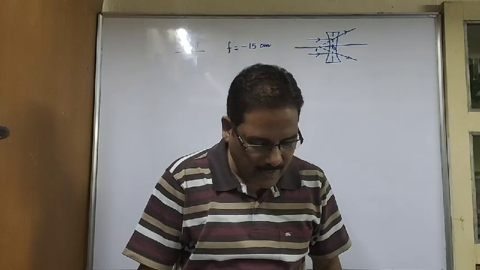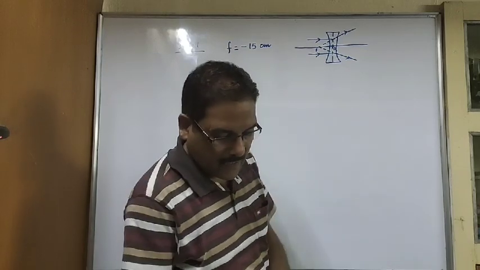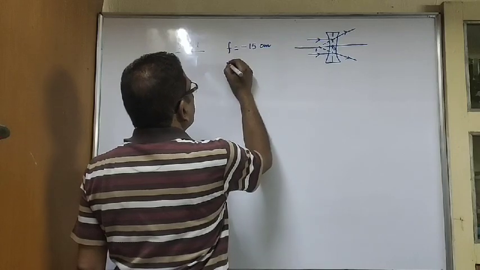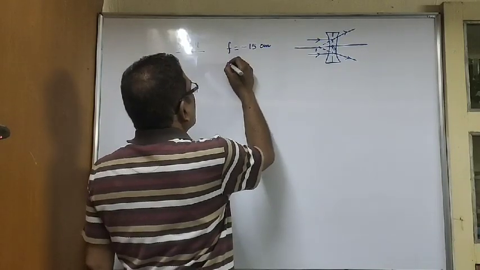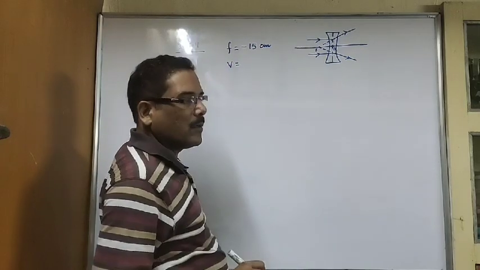It forms an image 10 centimeter from the lens. So V is given.